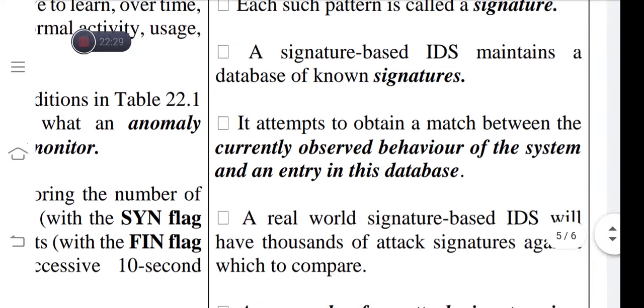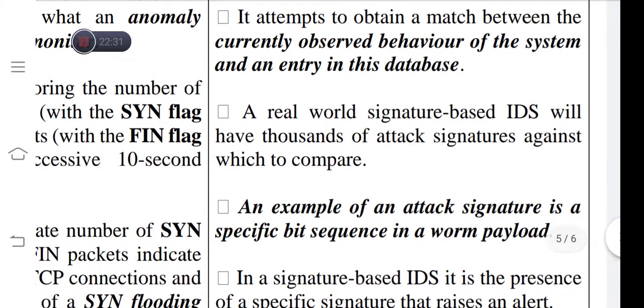A real world signature based IDS will have thousands of attack signatures to compare against. So at a particular time, given the system behavior, it will search for the pattern in the database. If the pattern of the system matches a pattern already present in the database, that particular type of attack will be raised as an alarm by the signature based IDS.